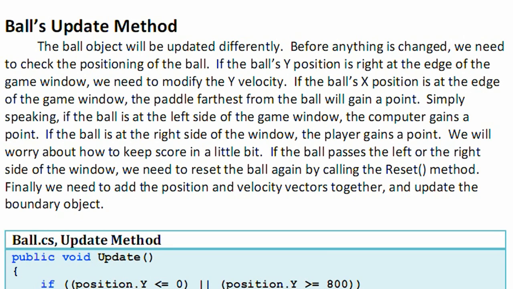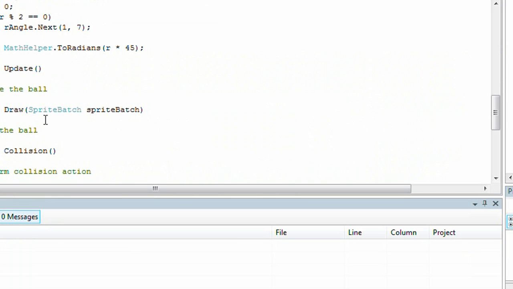Simply speaking, if the ball is to the left side of the game window, the computer gains a point, and if the ball is to the right side of the window, the player gains a point. We will worry about how to keep score in a little bit. Now if the ball passes the left or right sides of the window, we want to reset the ball again by calling the reset method. That's why we created that method. Finally, we need to add the position and velocity vectors together and update the boundary object. So let's go ahead and do that now.